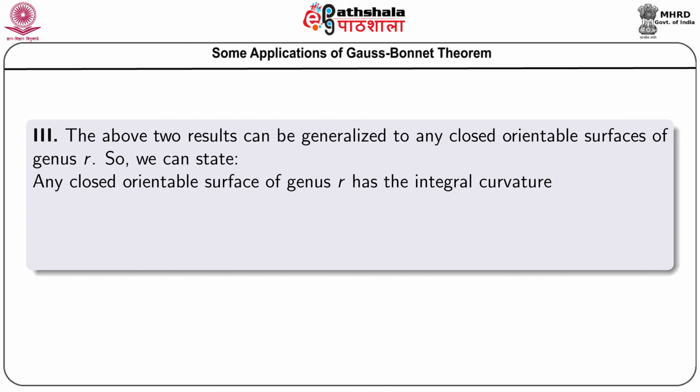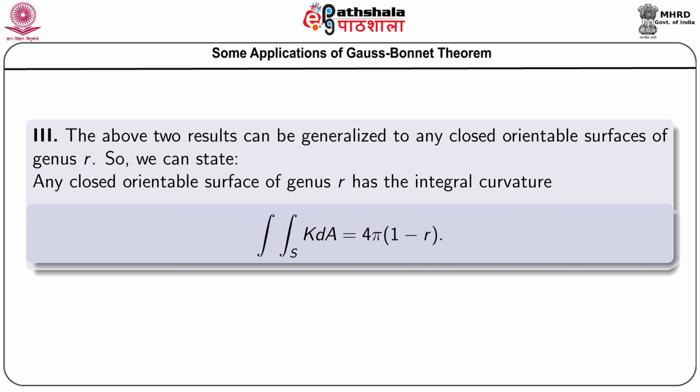Now, the above two results can be generalized to any closed orientable surface of genus R. We know that a surface with R holes is of genus R. So, we can state that any closed orientable surface of genus R has the integral curvature, double integration over S of k dA, equal to 4 pi within the bracket 1 minus R.